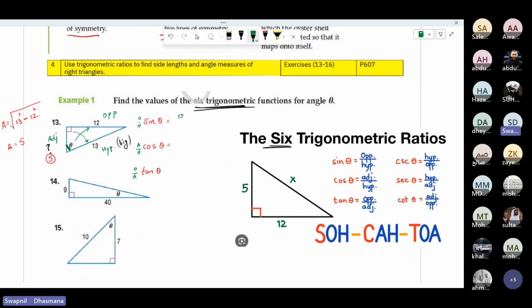O is 12, H is 13. A is 5. So I told you, if you find sine, then it's very simple. So this is very important.